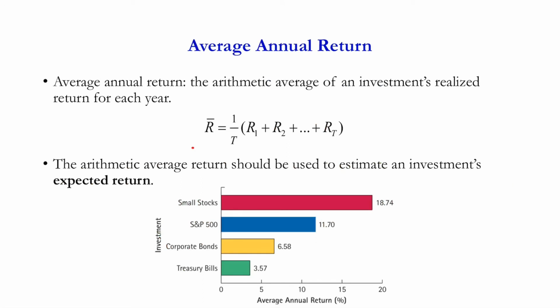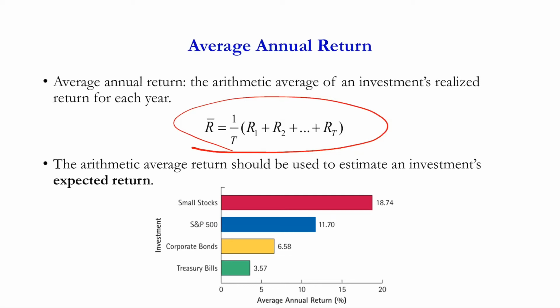So if I have 10 or 12 observations for the last 10 or 12 years, I'm going to simply calculate the arithmetic average to get the average annual return for that investment. I'm going to use this formula, which is the simple formula of arithmetic average.